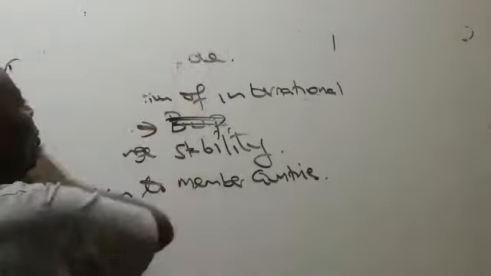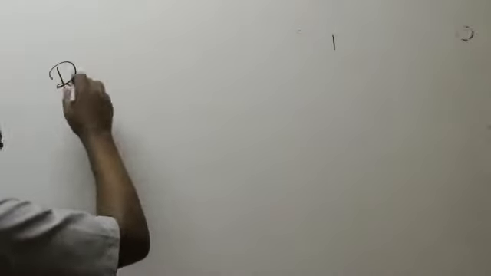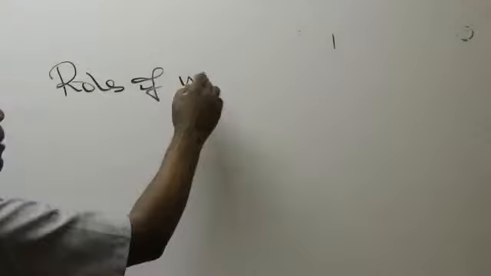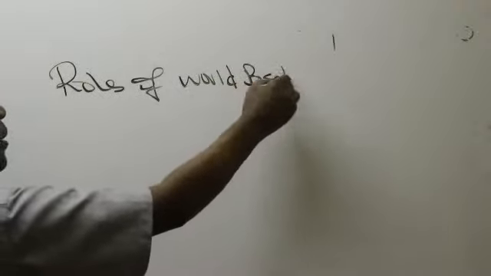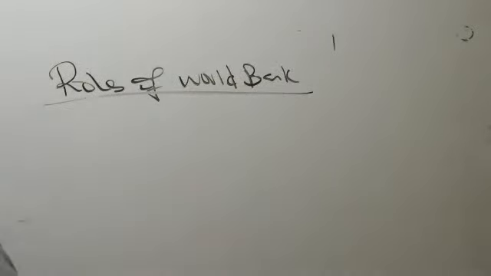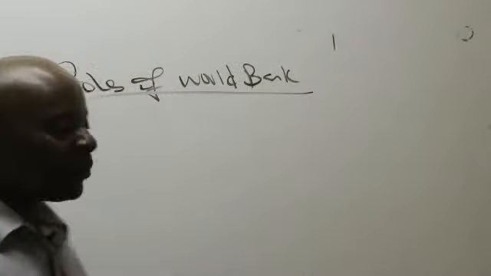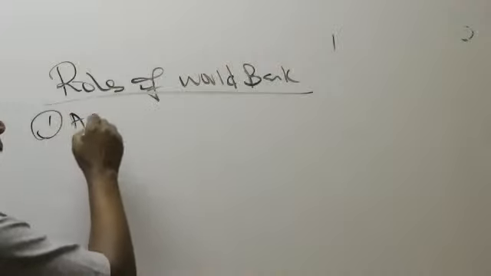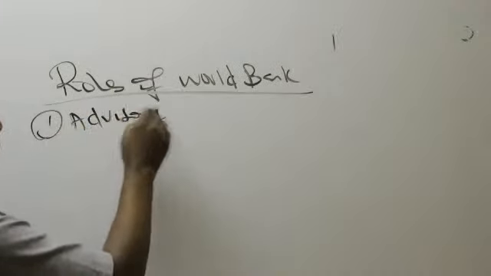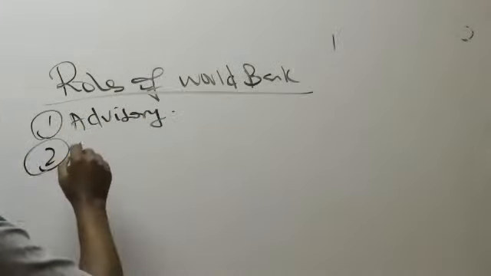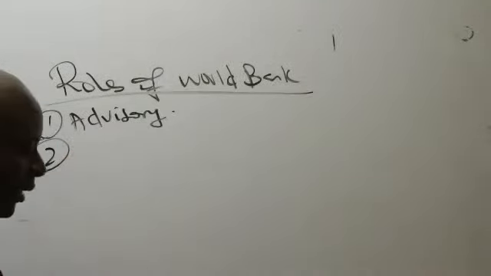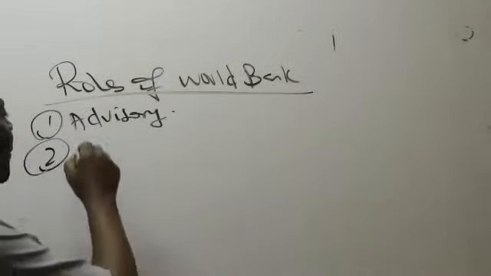How about roles of World Bank? Roles of World Bank. Quickly google it. Roles of World Bank, what are they? Same as IMF. No, you must start with advisory. Advisory applies to all. Advisory, giving in this case here, member countries development loans.